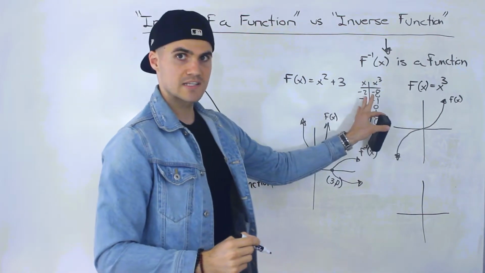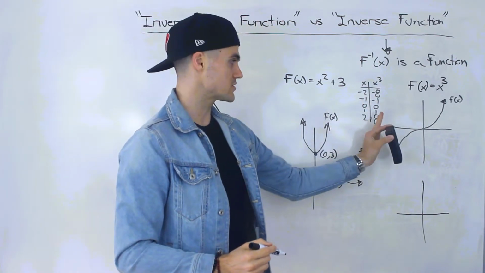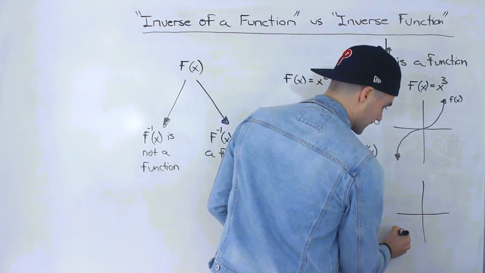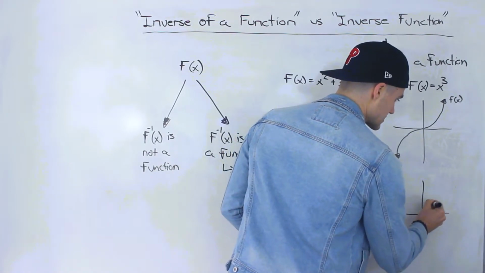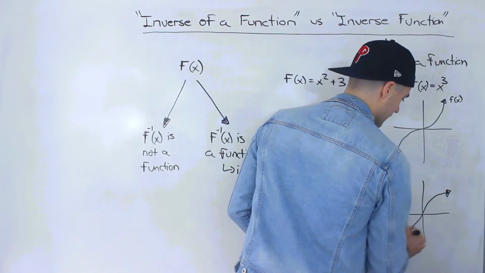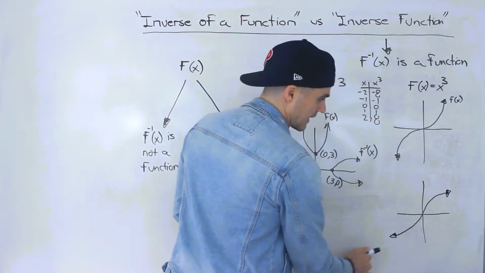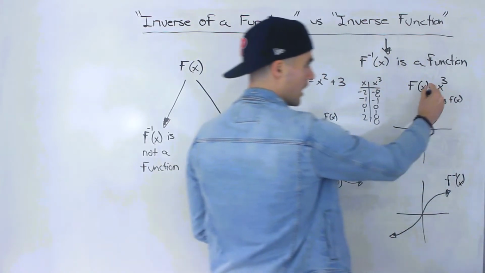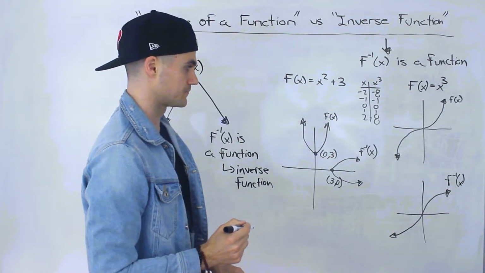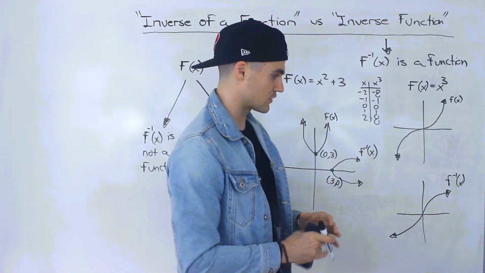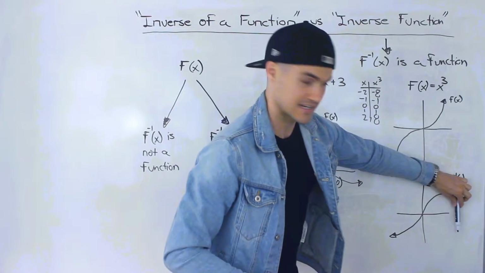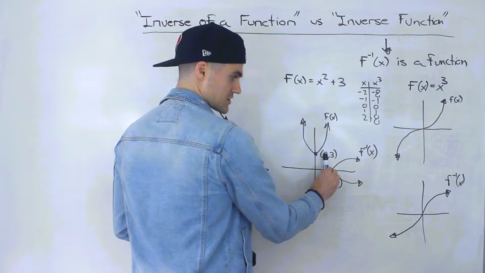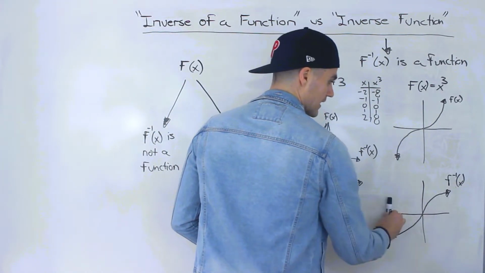If you were to take these points and interchange them, so all the y values became x and all the x values became y, and then plotted that, you'd get something like this. This keeps going down forever, this keeps going up forever. So that's how the inverse of x cubed looks. And notice in this case, the inverse is a function because it's passing that vertical line test. So that's an example of where an inverse is not a function, and here where it is a function.